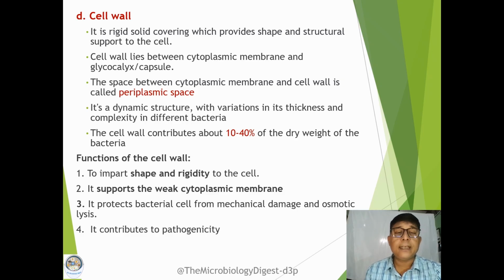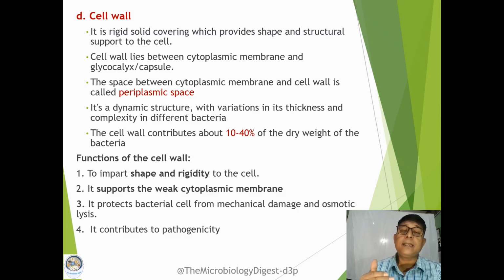As I said, it imparts the shape and rigidity. It gives support to the cytoplasmic membrane, because the cytoplasmic membrane lies internally, next to the cell wall. And this cell wall protects the bacterium from mechanical damage. Okay.